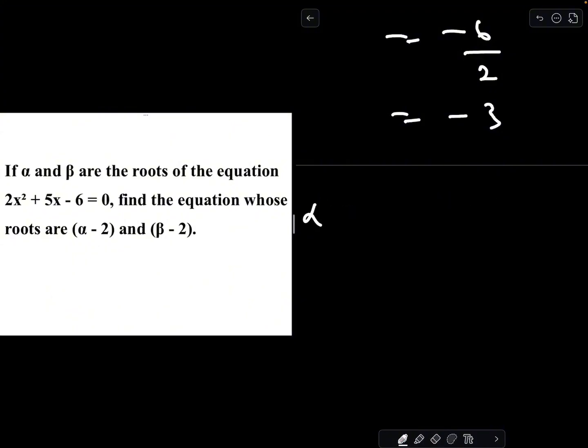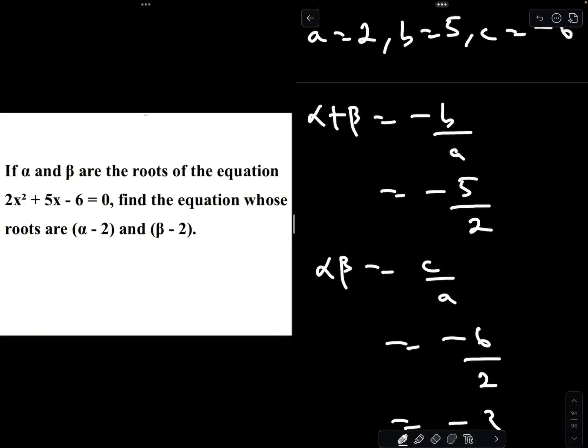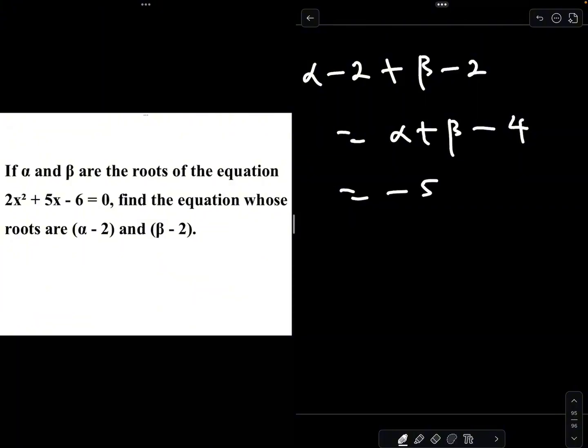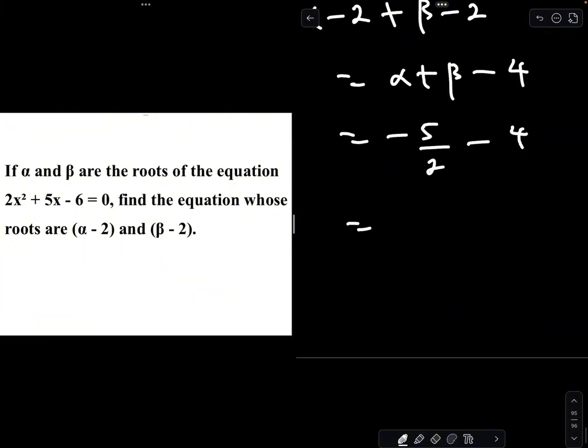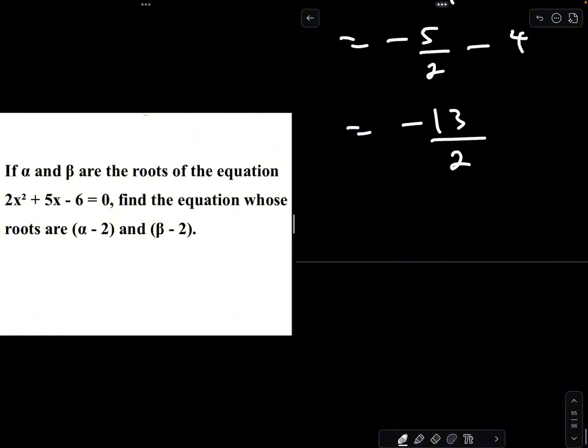The sum of the roots is alpha minus 2 plus beta minus 2. And that's equal to alpha plus beta minus 4. We already know alpha plus beta is minus 5 over 2. That's minus 5 over 2 minus 4, which is simply minus 13 over 2.